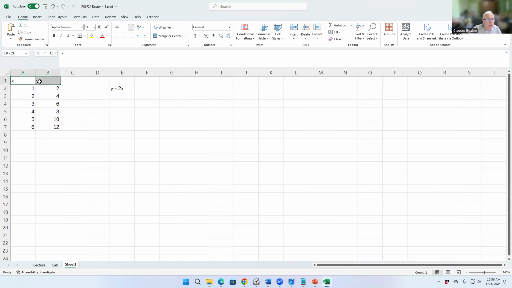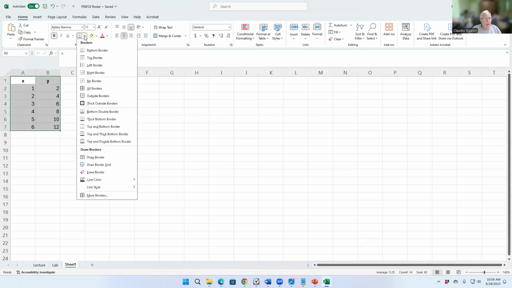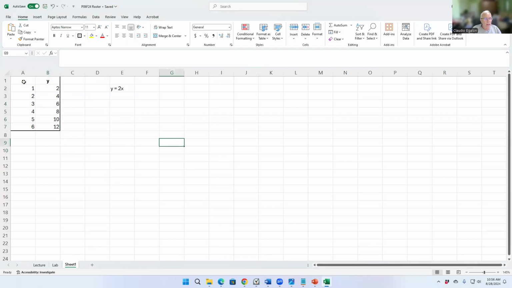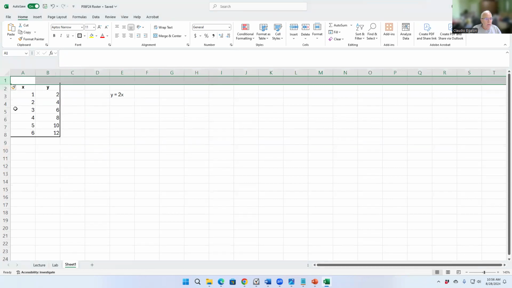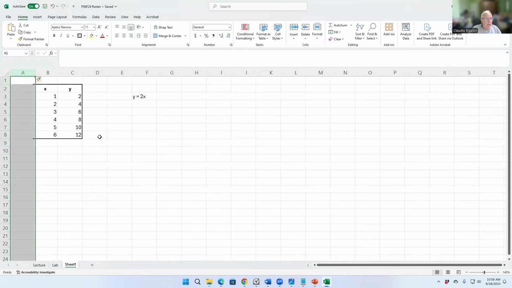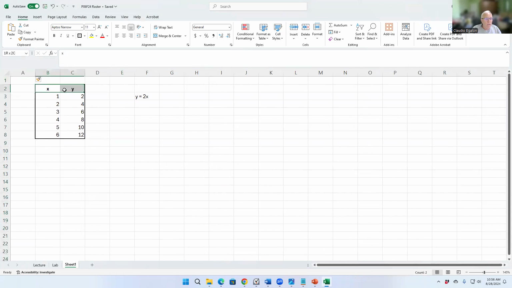Now we're going to plot this graph. But before we plot it, I like to boldface those parameters at the top, just to make the table look nice.